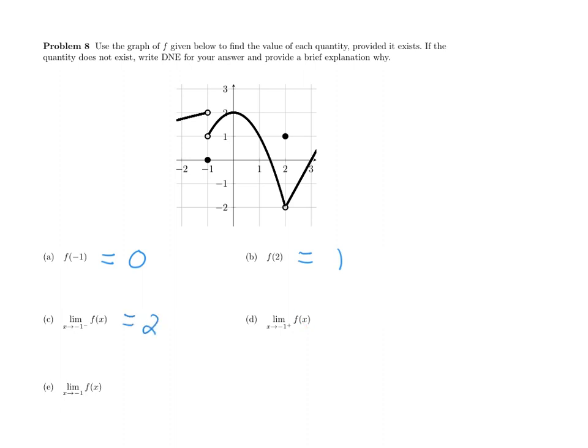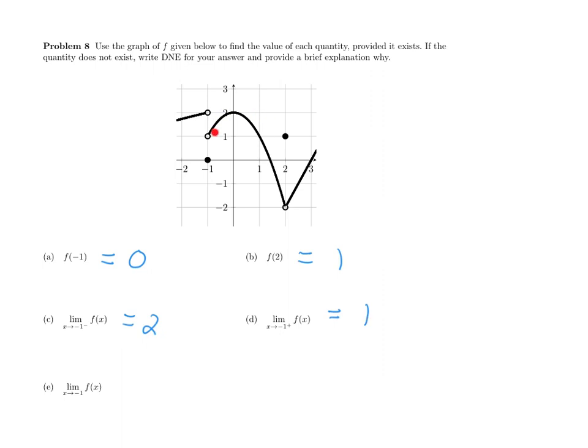What about if we approach negative 1 from the right side? That means we're getting closer and closer to this y value, which is 1. Remember, when we deal with the limit as opposed to the function, we're asking, where is it going? We're not asking, what does the function actually equal at negative 1? So here we go. The limit at negative 1 from the left was 2.